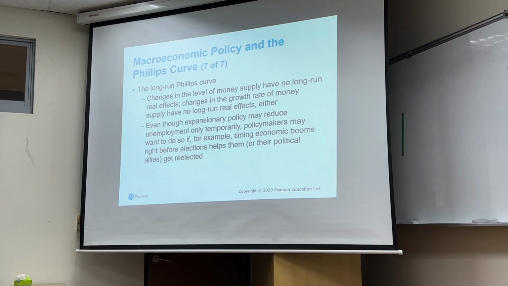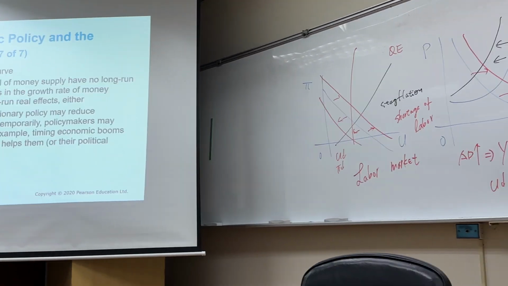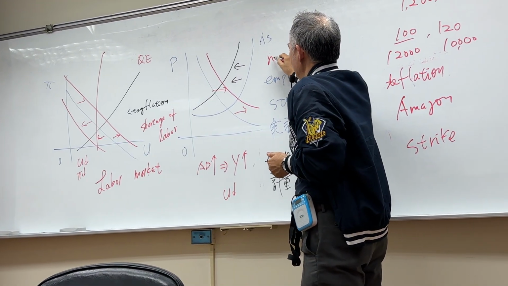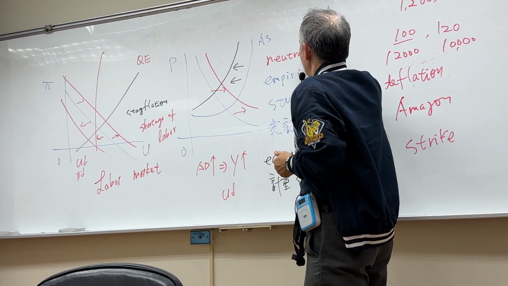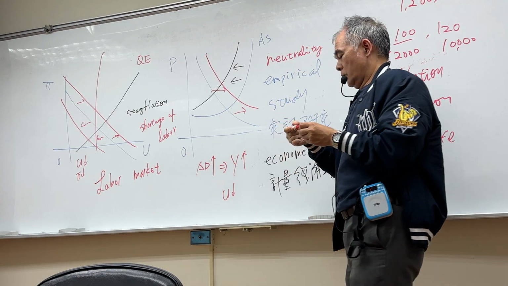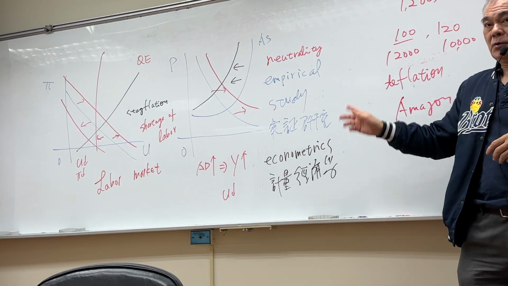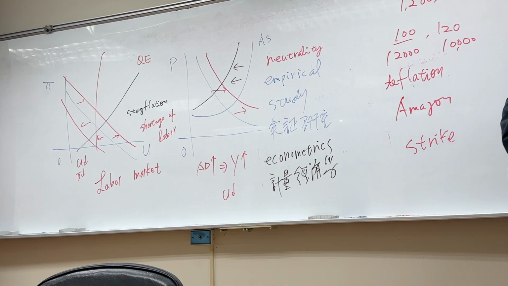Okay, why is this one important? Because the long run Phillips curve also shows the neutrality of money, right? At the beginning of today, I talked about neutrality of money. So the long run Phillips curve shows the neutrality of money.